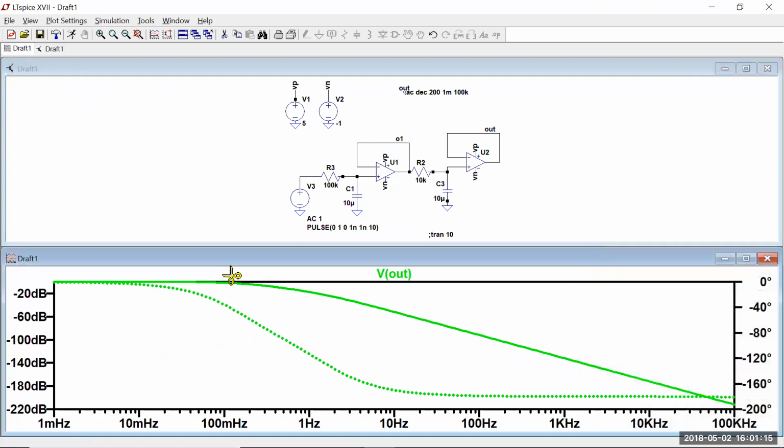There we go. Oh, that's right. So there's our low pass. Still not seeing.